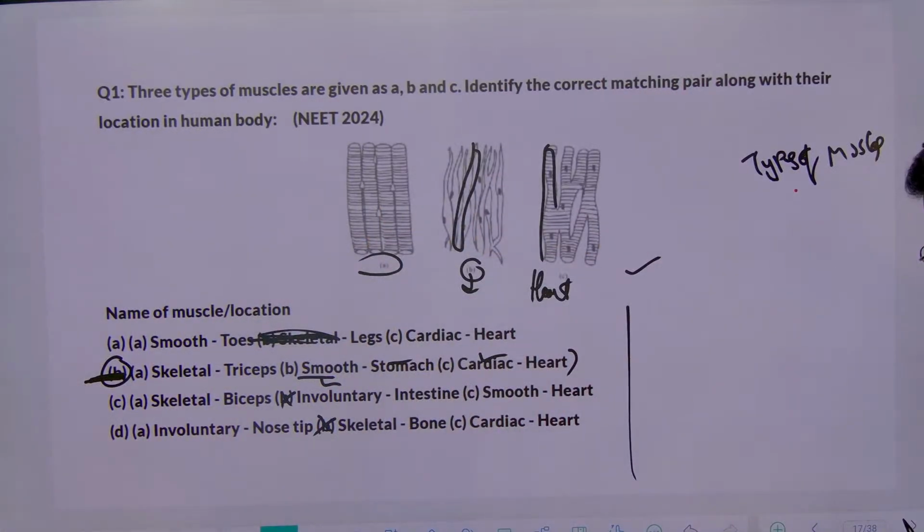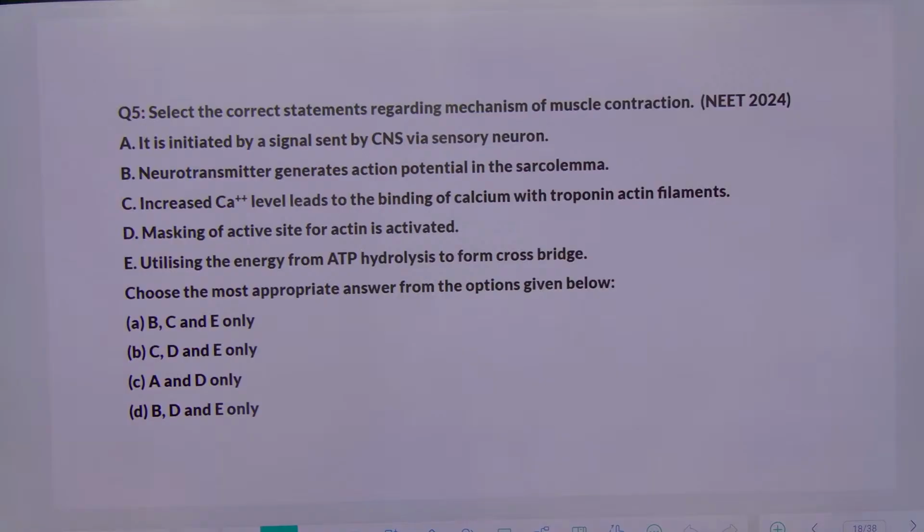So the next question is also on muscle contraction. So here also they gave a few statements. This is also a NEET 2024 question. So it was a repeated question, but they asked in a different way. Same question, same concept, same sentences also, but a few words are different only. If you see the first sentence A, it is initiated by a signal sent by the central nervous system via sensory neuron.